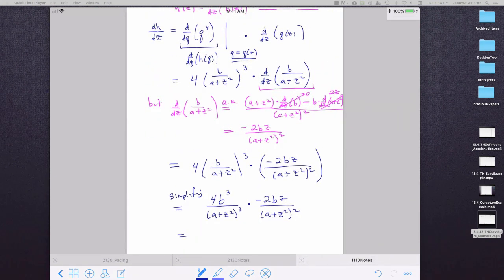Okay, and multiplying fractions, you multiply across the top, so minus 8b to the 4th z divided by, and you have a plus z cubed multiplied by a plus z squared squared, and you get to add the exponents at that point to the 5th. So there's the derivative with respect to z of h of z. And that would be the answer I would put into Wiley Plus if they want it as a single fraction.